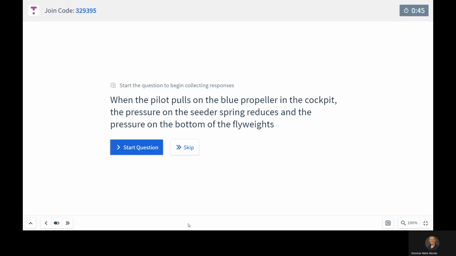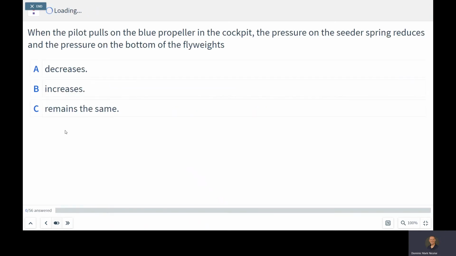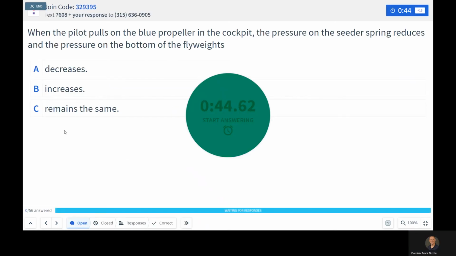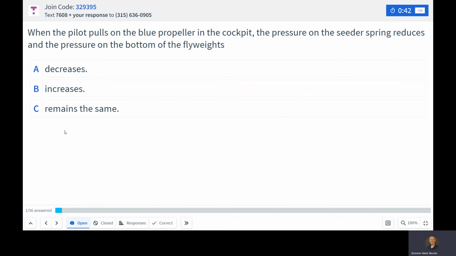Another question. The pilot pulls on the blue propeller knob in the cockpit. Pressure in the speeder spring reduces, and the pressure on the bottom of the flyweights. Remember, you got flyweights, you got centrifugal force acting on the top finger, and speeder spring pressure acts on the bottom.